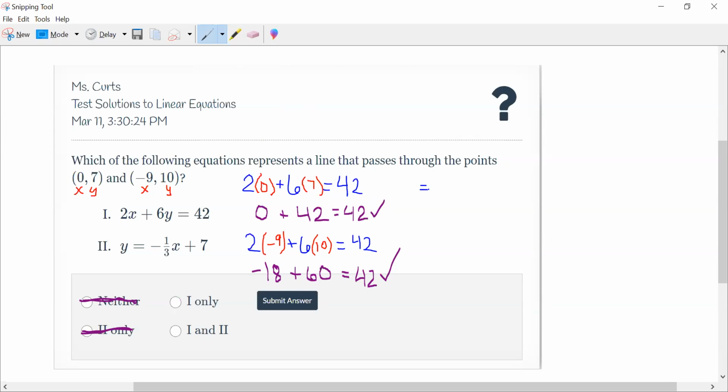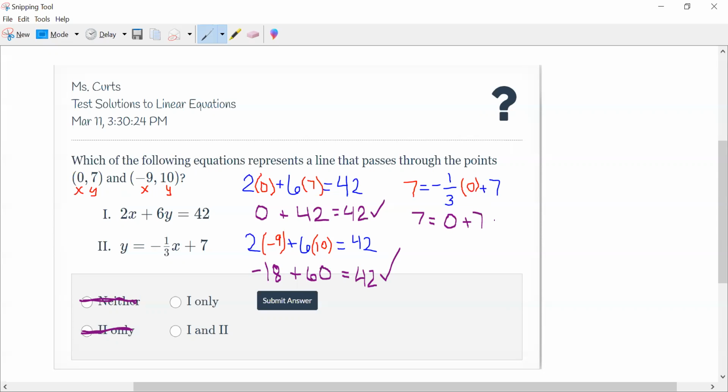So x is 0. Y is 7. -1/3 times 0. Well, anything times 0 is 0, so that makes 0.